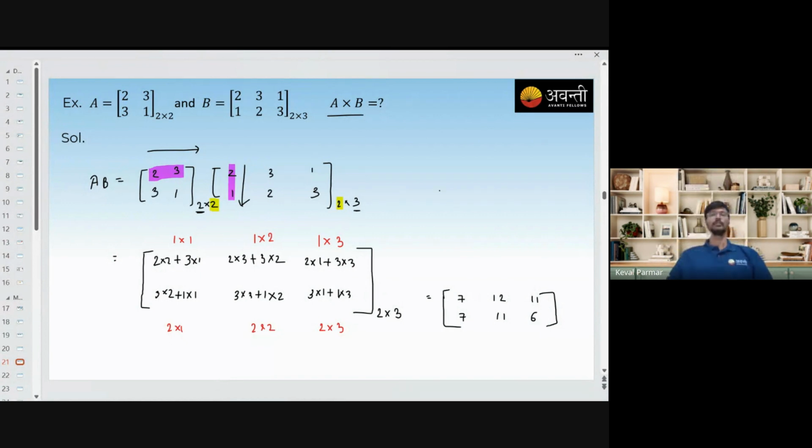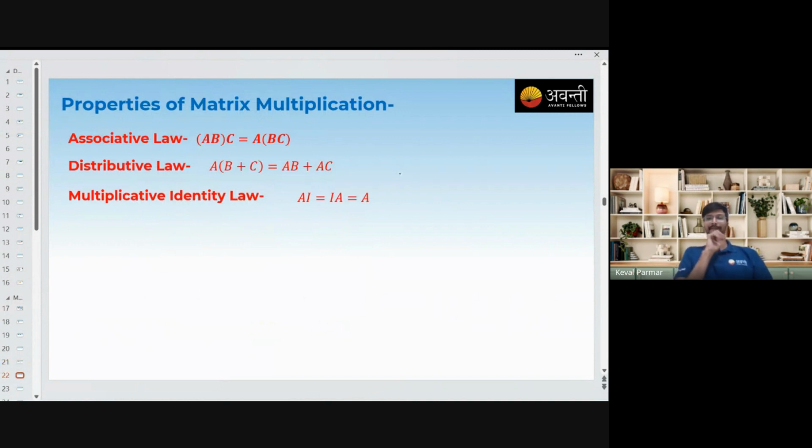Got it, guys? Properties of matrix multiplication. Associative law. That means if 3 matrices are getting multiplied, then we can group any of the 2 matrices. This is the same as when we multiply 3 numbers.